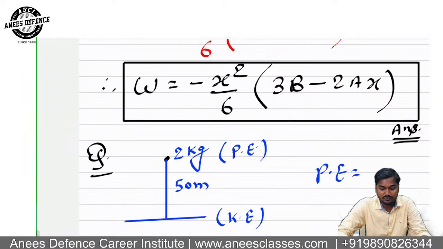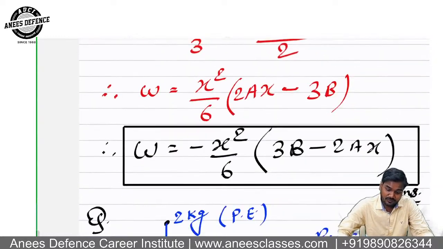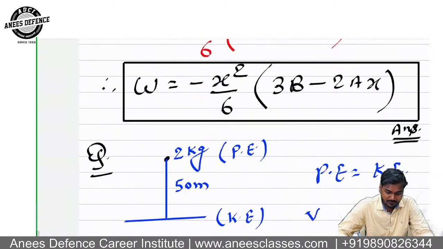Potential energy is equal to kinetic energy. So according to this formula you can calculate v is equal to root 2gh. सारा formula put करके अपन निकाल देंगे: root 2 into g, 9.8, and height is how much? 50. That will be the answer.